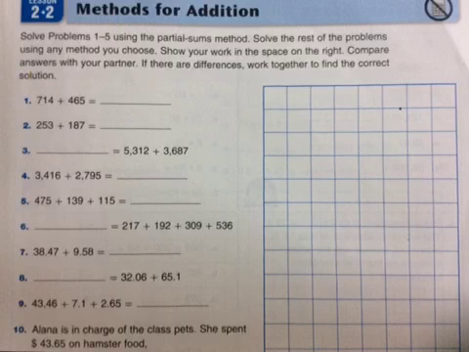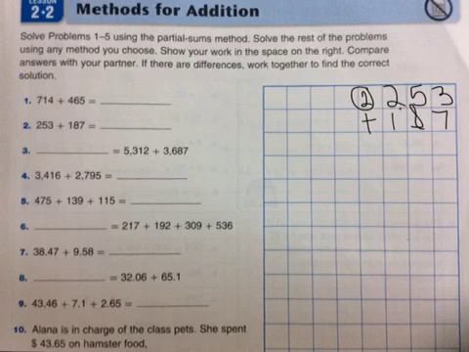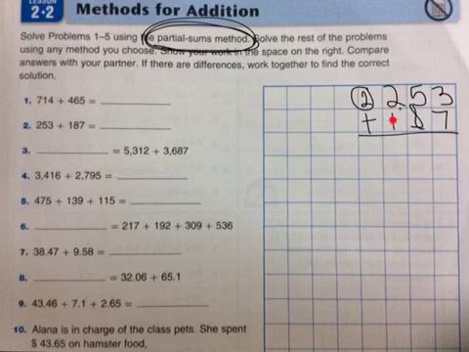Okay, so let's do number 2 together, and we will do it on the right side here. So number 2. Okay, I have the number 253 plus the number 187. Okay, they want us to use the partial sums method. Okay, so as we did before, we start on the left side. 2 plus 1 is 300.